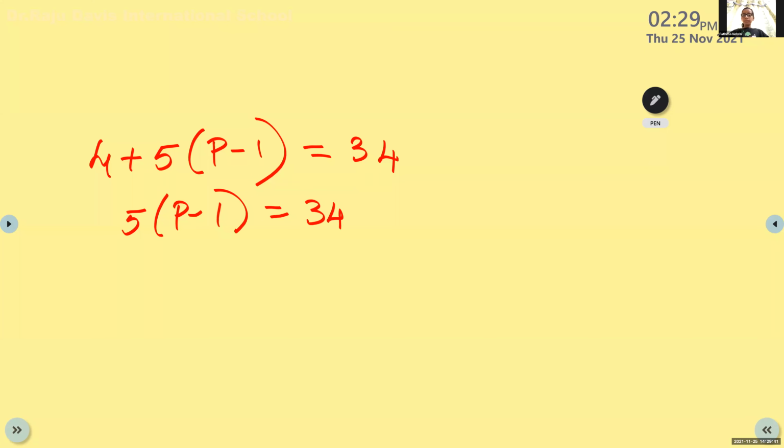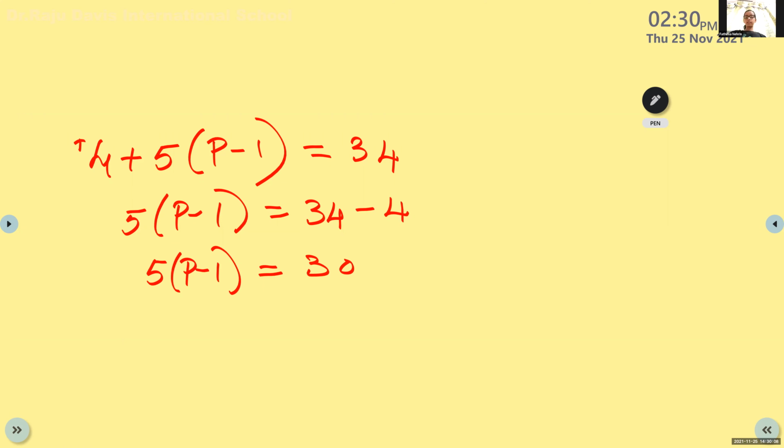This is plus 4 added, no? 4 is added to the other expression. So positive 4, so subtract. Now we get 5 into p minus 1 is equal to 34 minus 4 is 30.